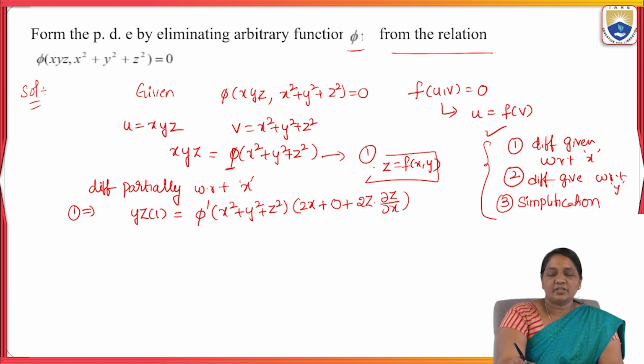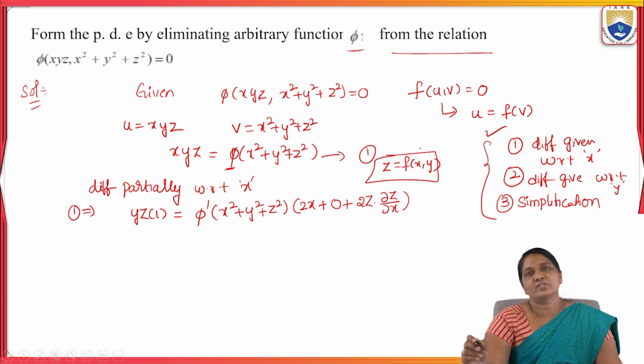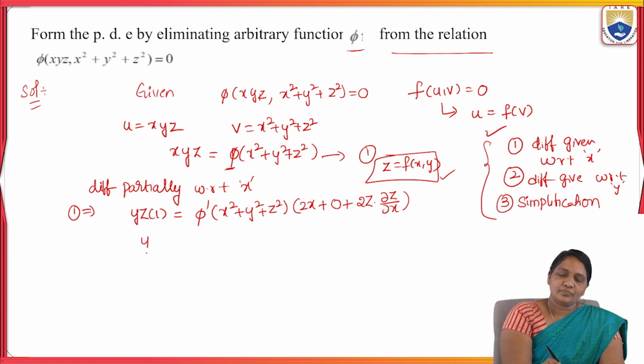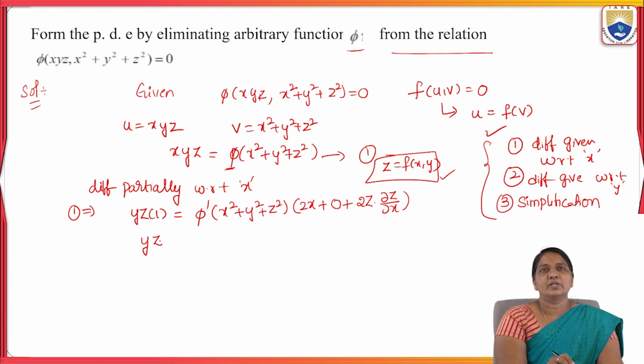This is the important thing you have to remember in partial differentiation: z is a function of x and y, it is not a constant. Now for y and z, what I told you, these two are constants, right?